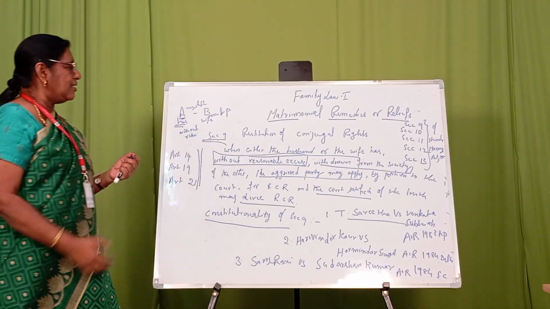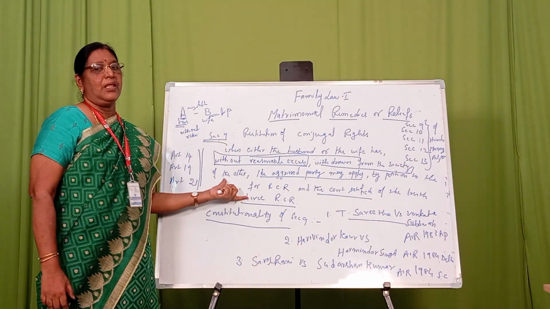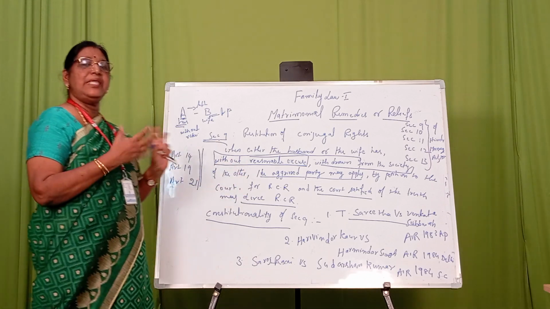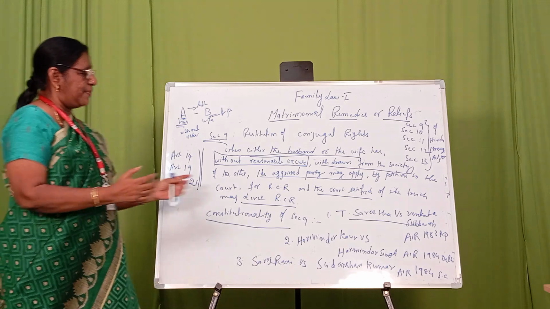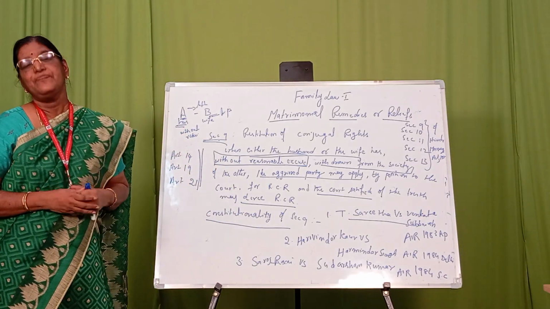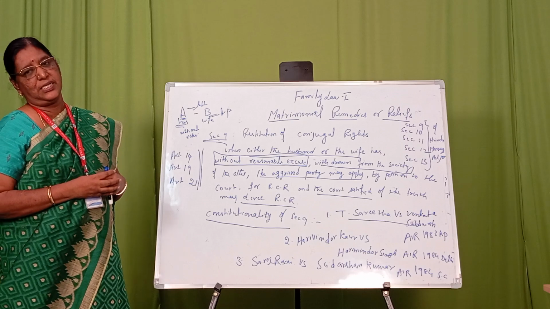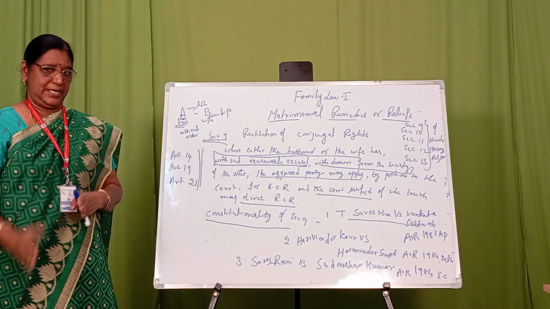So Section 9 is helping the parties to stay together. If because of some reason they have separated, it gives the parties another chance to stay together. So the Delhi High Court said that Section 9 is a good section and it helps the parties to rejoin again.